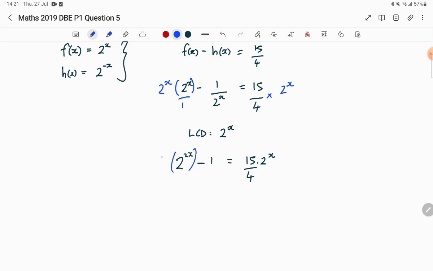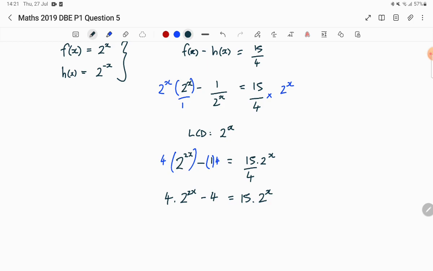Right, so we can multiply this by 4 just to get rid of our 4, and we can multiply this by 4 as well. So in doing so, once we get rid of that LCD, we have 4 times 2 to the power 2x minus 4 is equal to 15 times 2 to the power x.